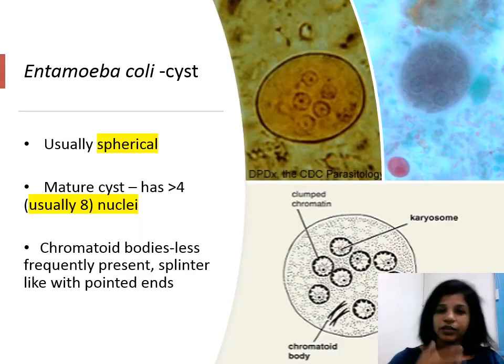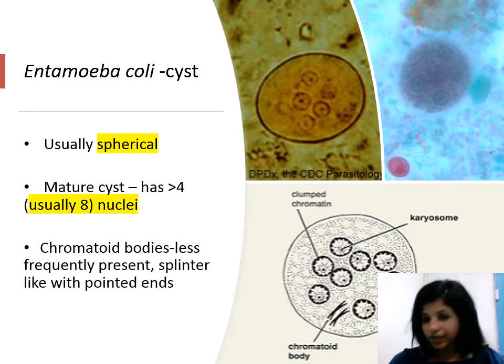So what I earlier showed was the Entamoeba coli cyst. Now Entamoeba coli cysts are generally round, so that is one clue to recognize it as E. coli. And then you look at the number of nuclei inside. Generally they have more than 4 nuclei.